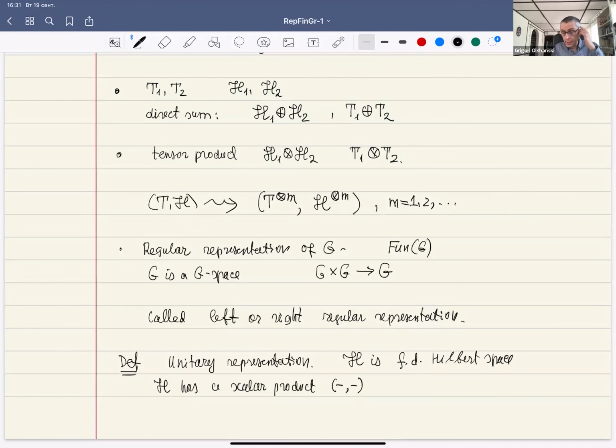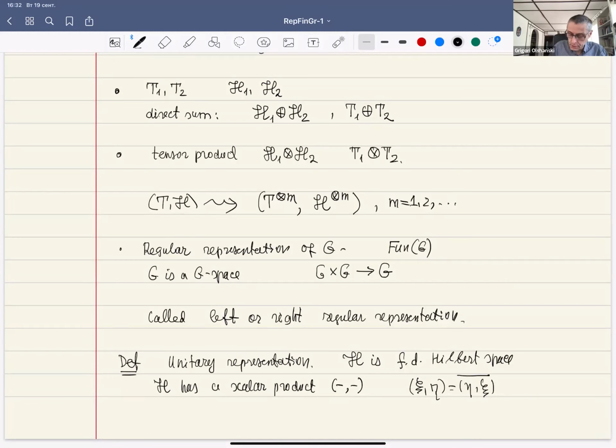As usual, the scalar product here is assumed to be non-degenerate, linear with respect to the first argument, and antilinear with respect to the second argument, satisfying the property of a Hermitian scalar product.